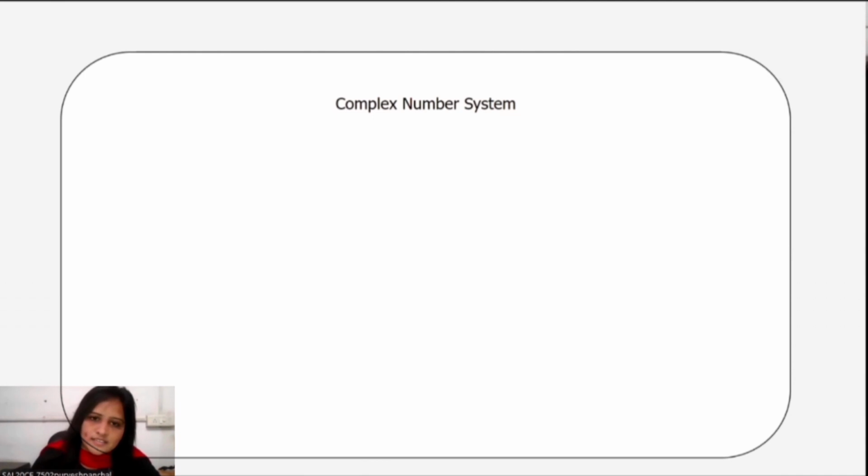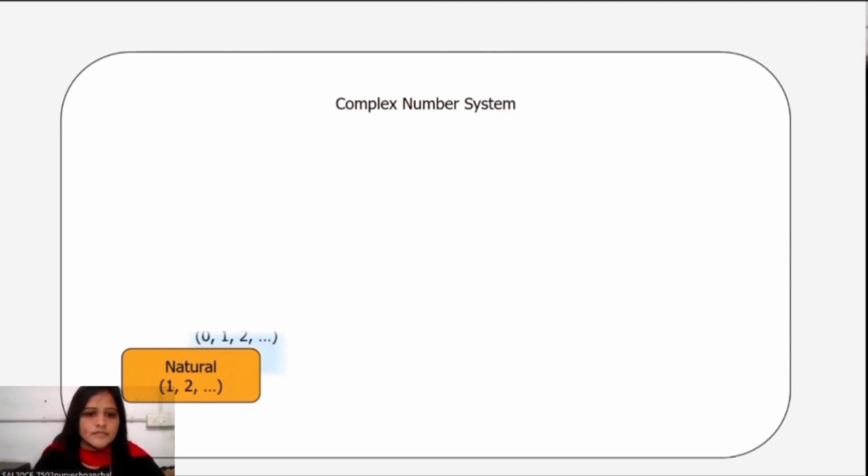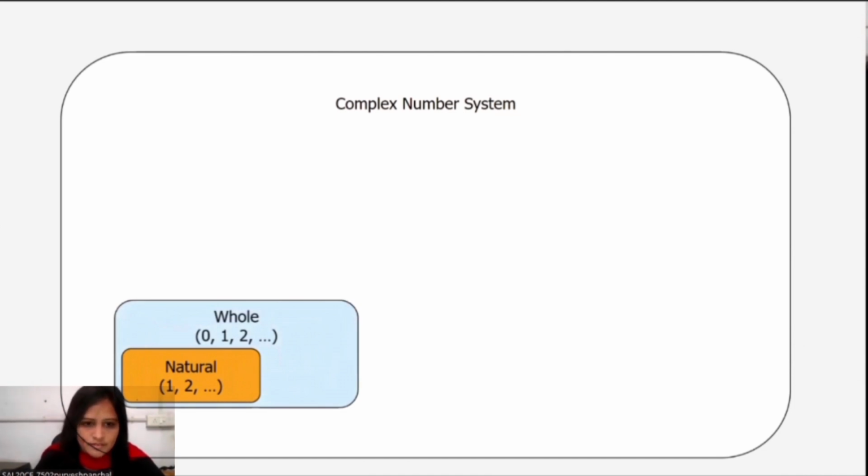But before that, let me recall the number system. We know that all the positive integers are considered in the set of natural numbers. If we include 0, then 0 and all positive integers make the set of whole numbers.